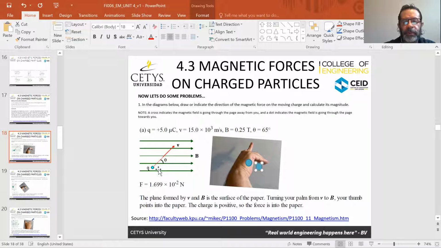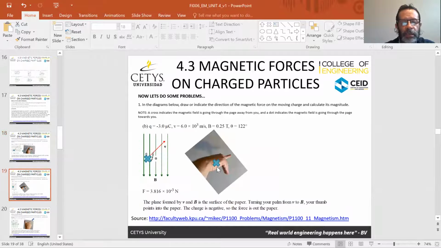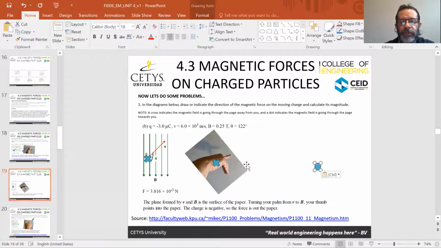If it's going into the paper, it should be a cross. Okay, just give me a moment here to correct that. If it's going out of the paper, it's going to be a circle. Okay, so let me do a quick correction here. Apologies for that. Okay. Do it quickly.